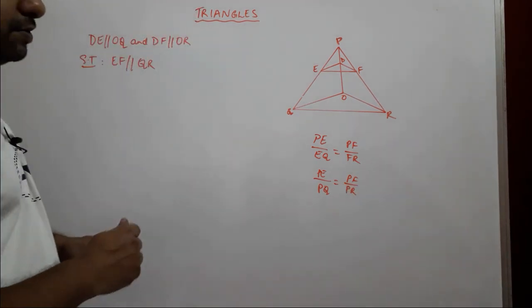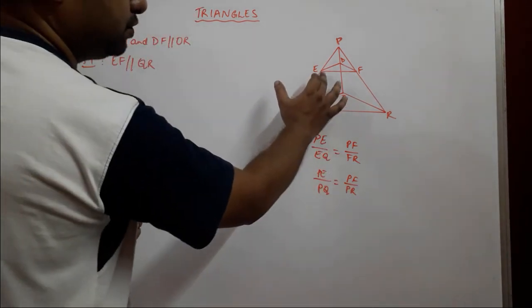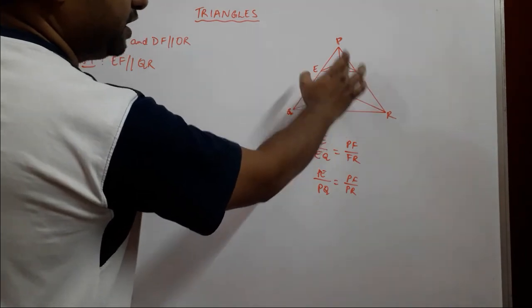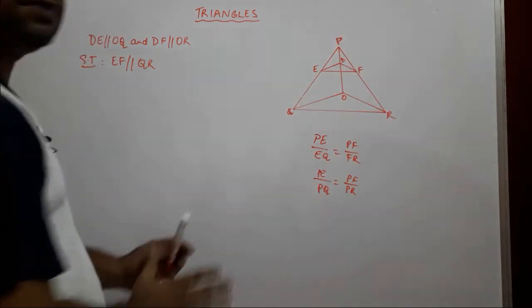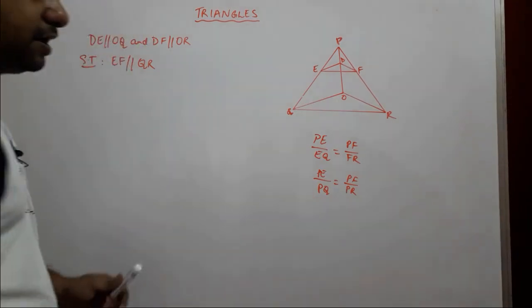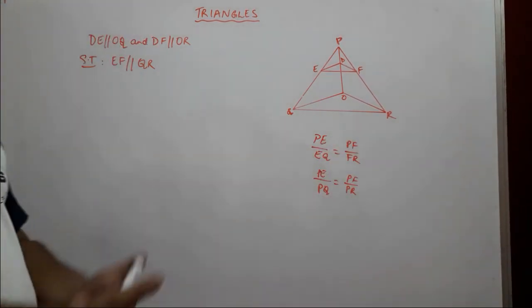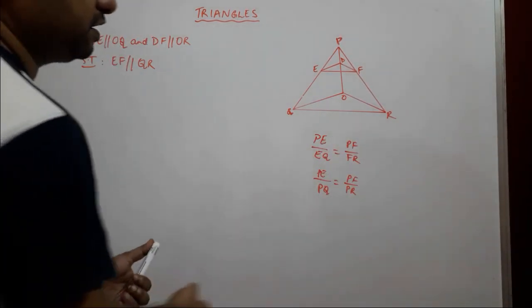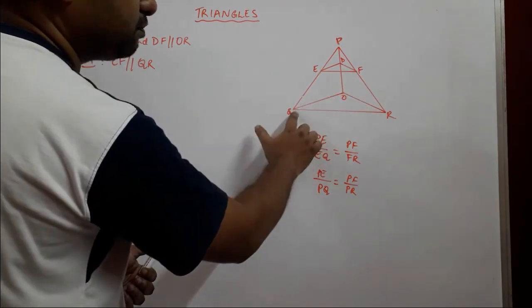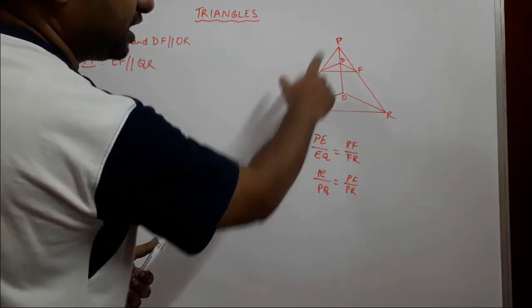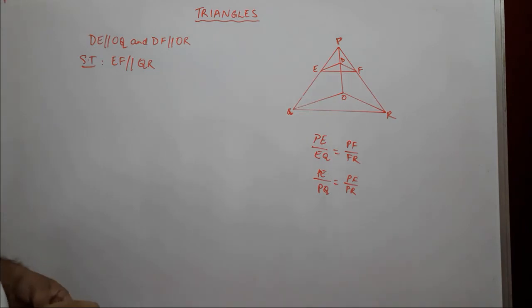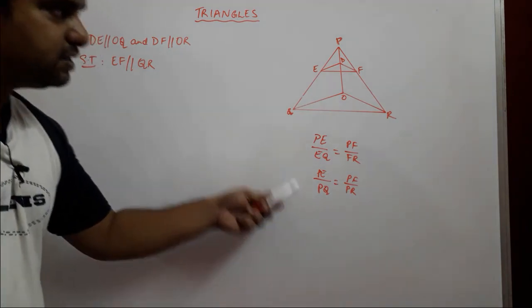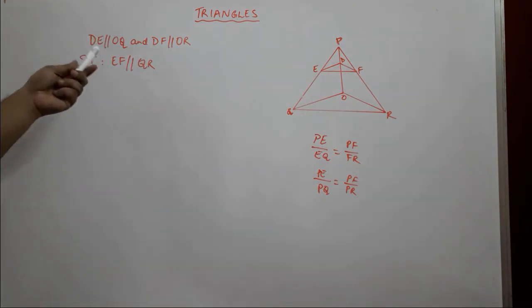What I'm trying to say over here is that we need to show that the line EF divides PQ and PR in same ratio. So this is our target. If we reach here, then by converse of basic proportionality theorem, we can say that EF is parallel to QR in this big triangle PQR. So with an eye on this, let us begin solving based on what we have been given.